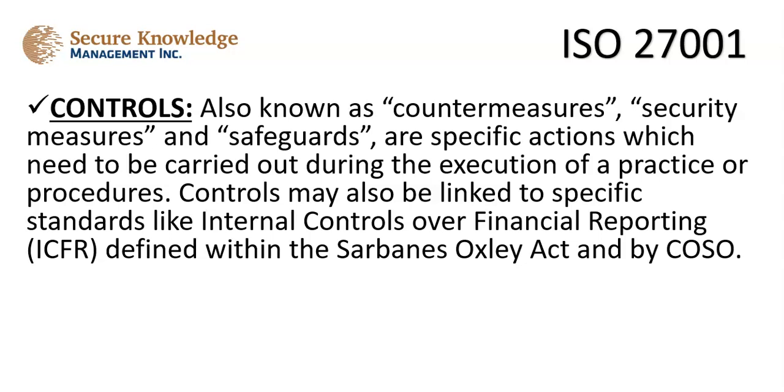So that's one of the key things about a control: it's specifically designed to mitigate a specific risk. So it may be applied within any of the 16 critical infrastructures differently in each infrastructure, depending on the environment and the type of technology or infrastructure that they're supporting. It also depends on the level of skill and experience of their staff, as we talked about with the difference between practices and procedures.